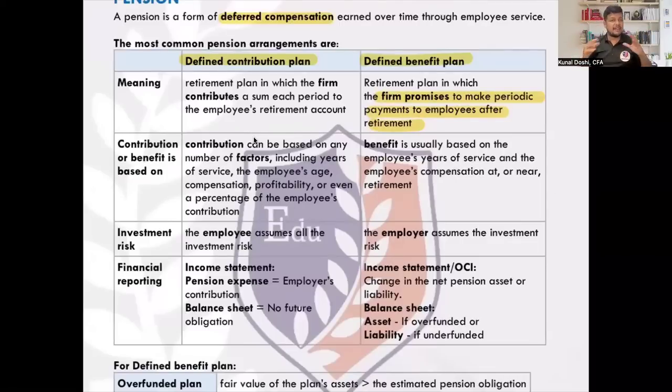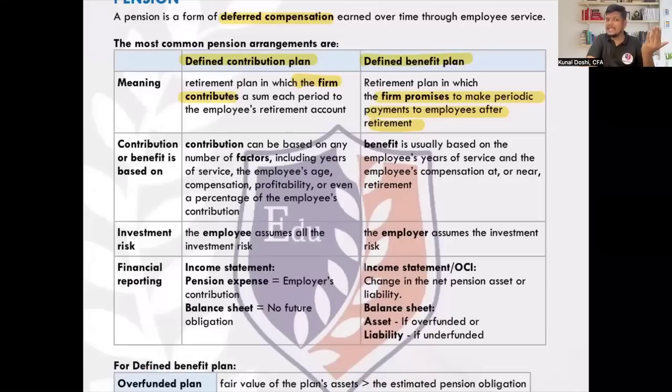Under DC plan, defined contribution, the employer does not make any promise. The employer simply contributes some money into your retirement account. So can you tell me, under DB plan and under DC plan, in which case the employer takes the responsibility of the fund?